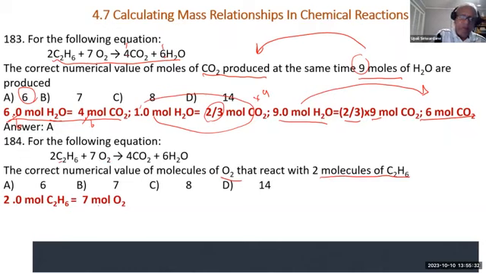Therefore, the answer should have been 7 because it's already in the same ratio as in the chemical equation, 2 to 7. Therefore, the answer is 7 moles. Answer is D.